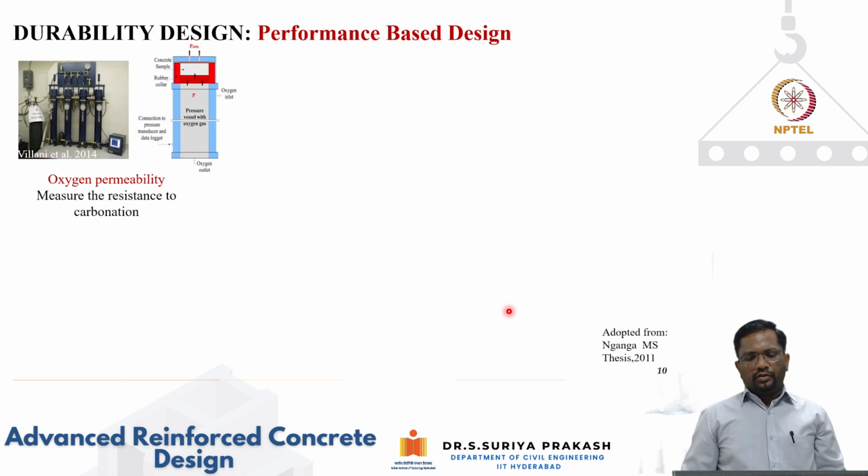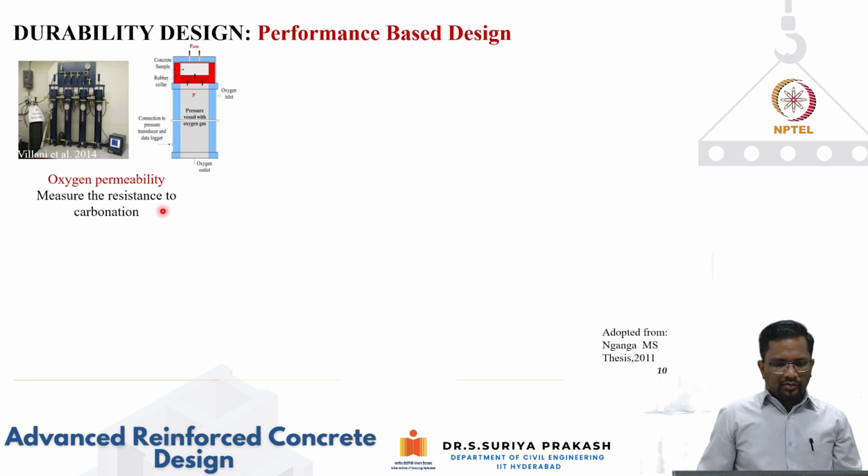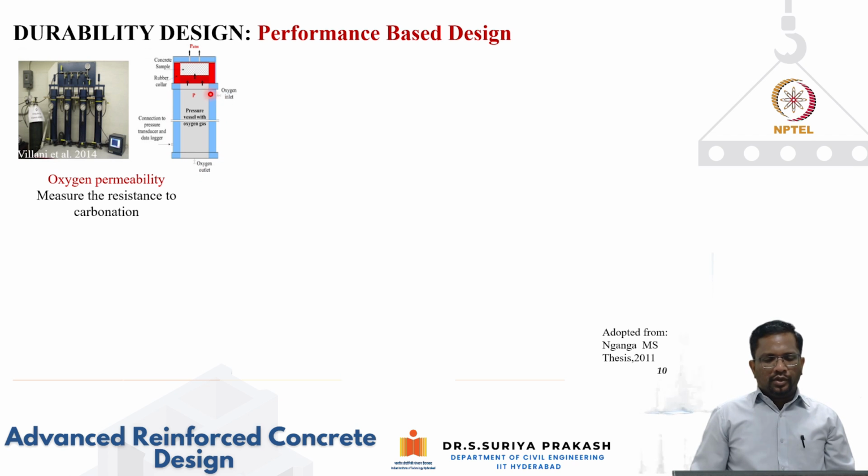Right, again, from a performance-based design point of view, we have talked about durability index values. One is the oxygen permeability test. Basically, it helps us to measure the resistance to carbonation. So you can see here in this setup, what we do is we put the specimen in a container, and then we supply oxygen, and we try to measure the outlet of the oxygen.